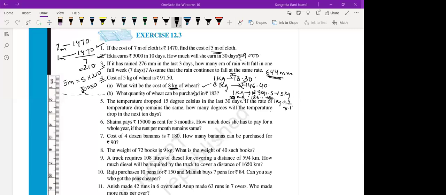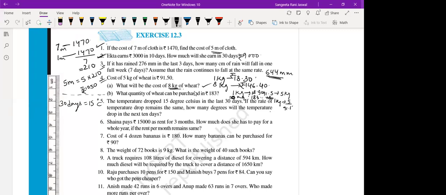Your first statement will be temperature drop in 30 days. So temperature drop in 30 days is 15 degrees. If the rate of temperature drop remains the same, there is no change in the temperature drop, then how many degrees will the temperature drop in the next 10 days?